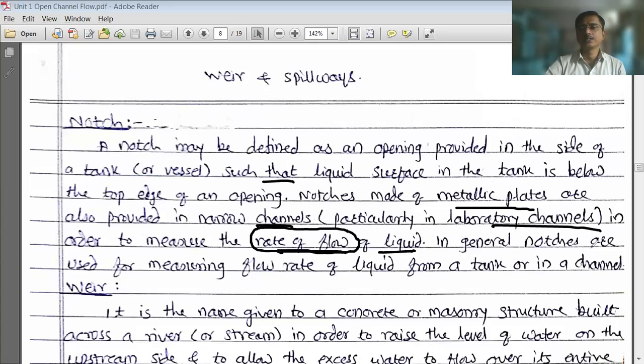In general, notches are used for measuring the flow rate of liquid from a tank or in a channel. Right, so that is the use of notches.